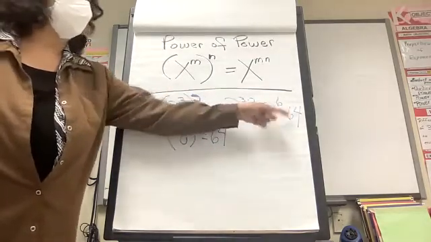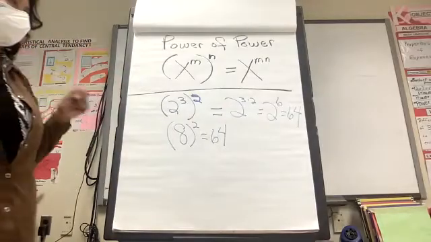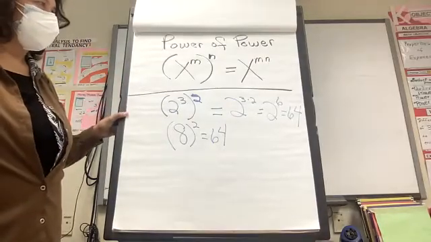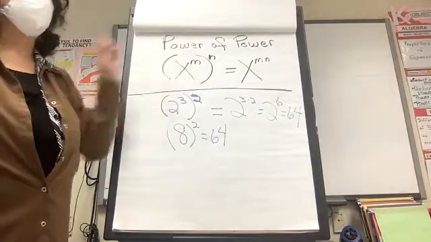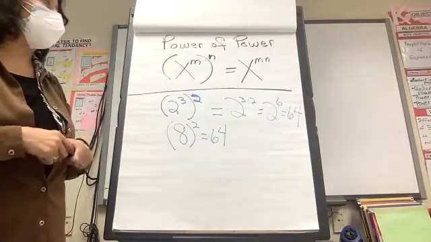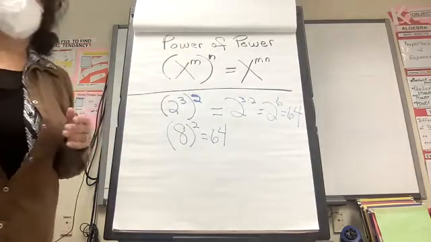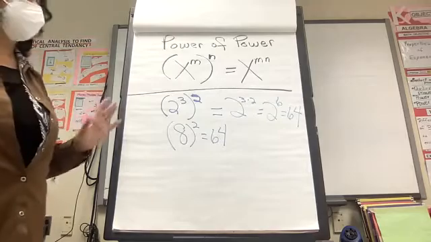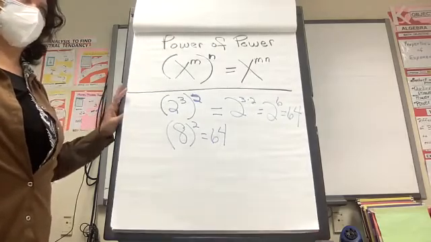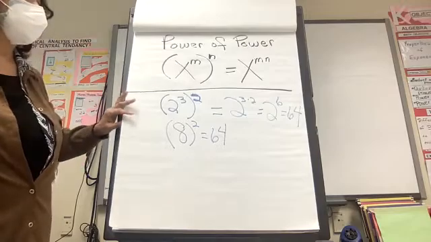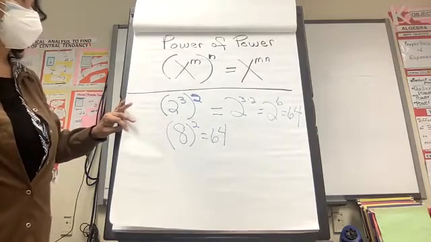So 2 to the 6 is also equal to 64. Okay? So now we know a power of a power is a very powerful thing. We multiply the powers. So what's happening here is we're learning a lot of different things. And we'll be working on this lesson for a few days, but it'll just make sense. We'll do worksheets on each one. So this one is a power of a power.